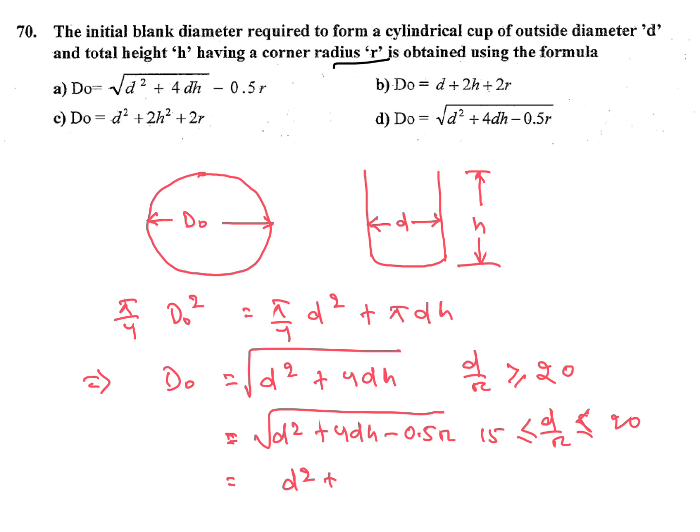And third, root over d square plus 4 d h minus r, whenever d by r is 10 to 15. All are important. In our question, the second one, D_u equals root over d square plus 4 d h minus 0.5 r. D is the option.